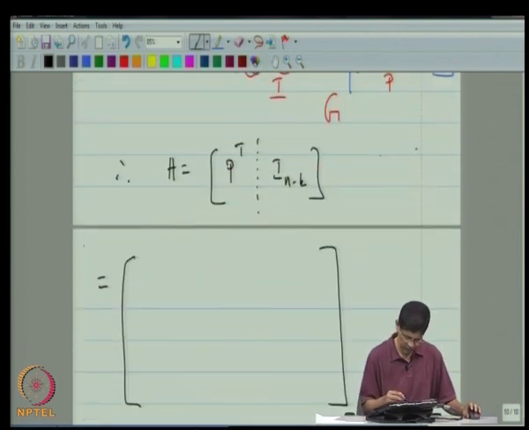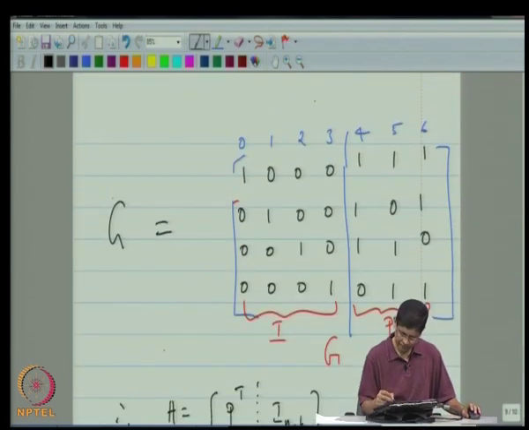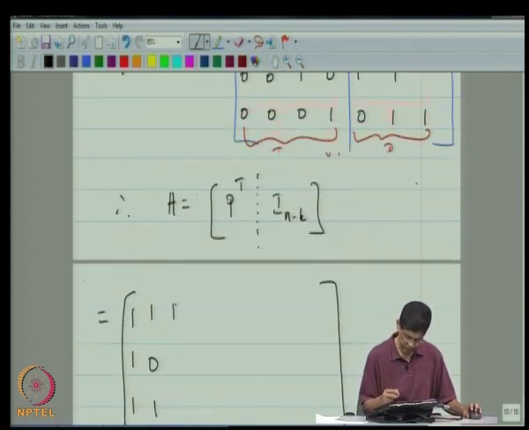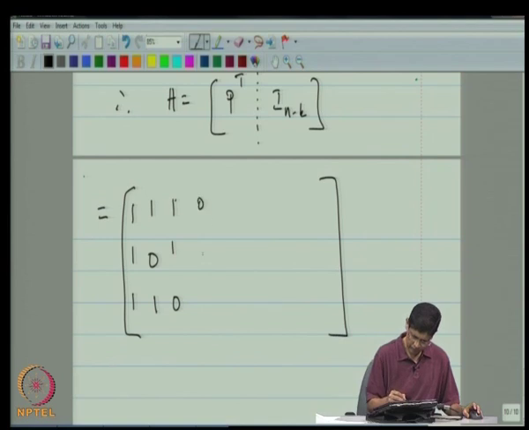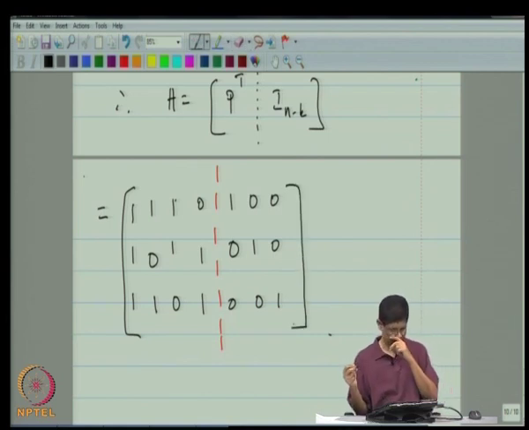So it is 1 1 1 1 0 1, 1 1 1 1 0 1 1 1 0 0 1 1 1, 1 1 0 0 1 1, and then beyond that we just have the identity matrix, so this is then our parity check matrix for the Hamming code.